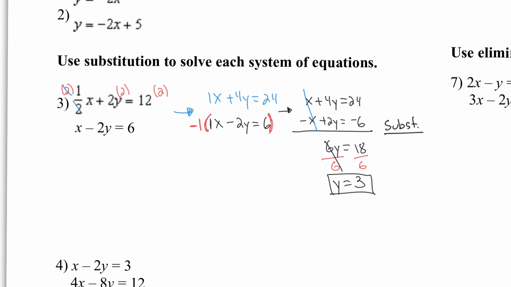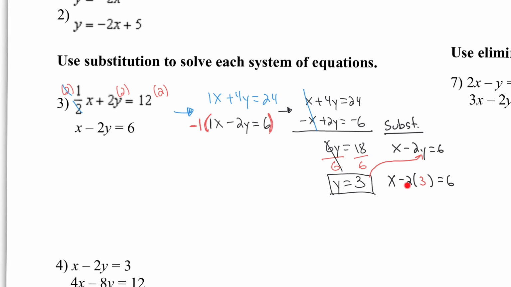So I'm using the bottom equation. Notice this equation doesn't have a fraction once again. So I'm going to have x minus the 2y equals 6. And you guys substitute the 3 into the y right there. So we have x minus 2 times the positive 3 equals 6.